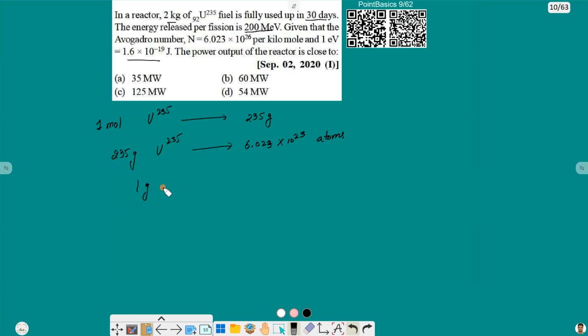So 1 gram of uranium-235 will have 6.023 into 10 raised to power 23 by 235 atoms. This is the number of atoms in 1 gram. Now we have 2 kilograms of uranium, so basically 2000 grams. In 2000 grams of uranium, we have 6.023 into 10 raised to power 23 divided by 235 into 2000. This is the total number of atoms we have.